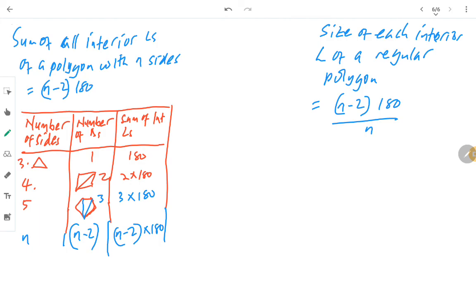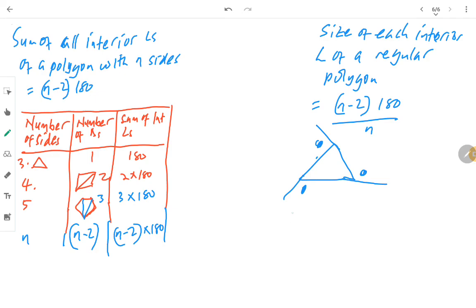Okay. Then we have also an exterior angle of this polygon. Let me draw a triangle here. Then if I extend this, this is what we call an exterior angle. Okay.